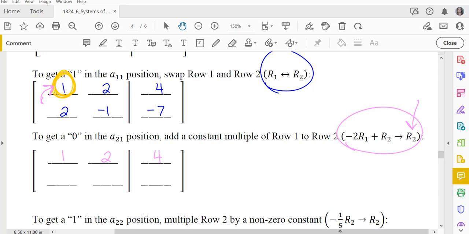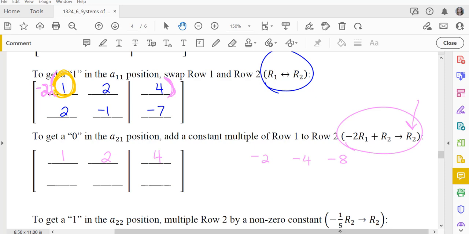All right, I want to do -2 times row 1. So I'm going to put a big set of parentheses here and do -2 out front. What would I get? -2, -4, -8.